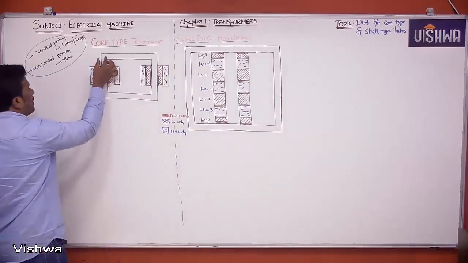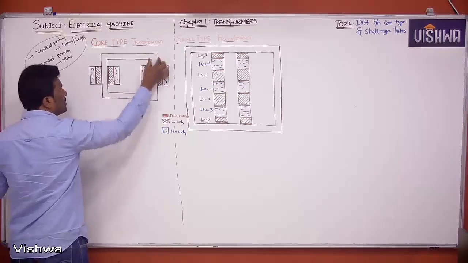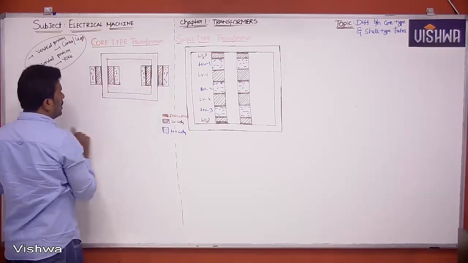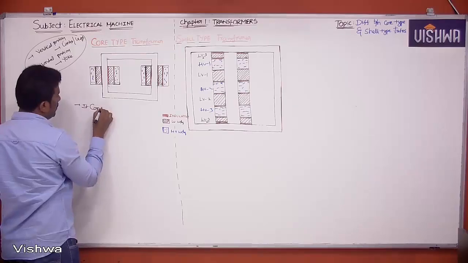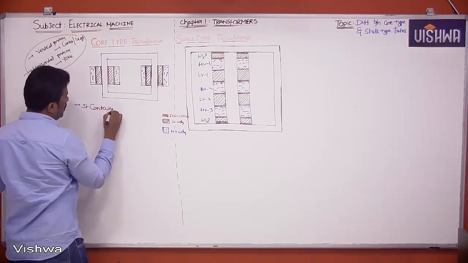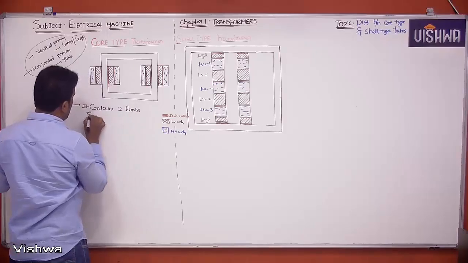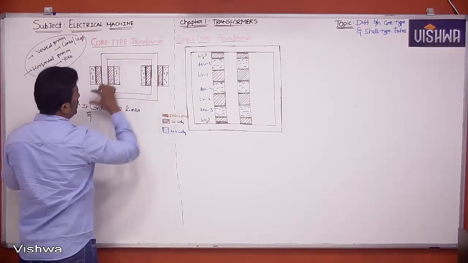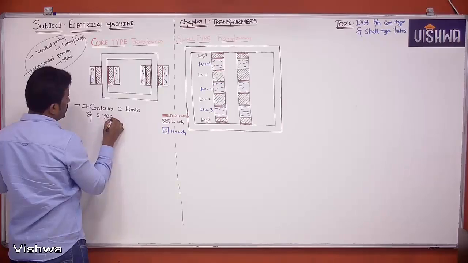So tell me, core type transformer contains two vertical arms, two vertical portions. That means it contains two limbs, and how many horizontal arms are there here? Two. It contains two limbs and two yokes.